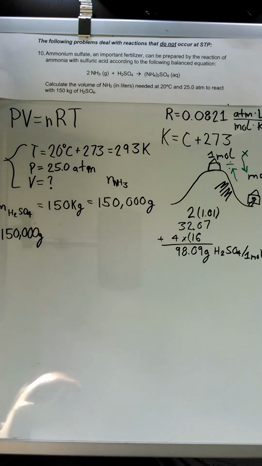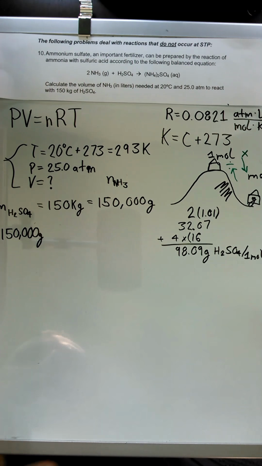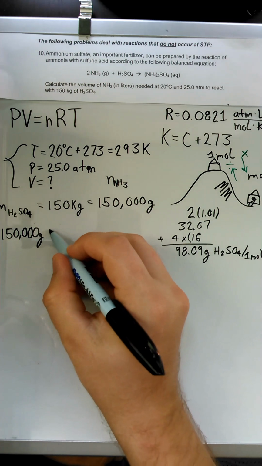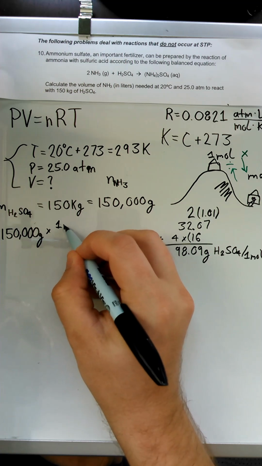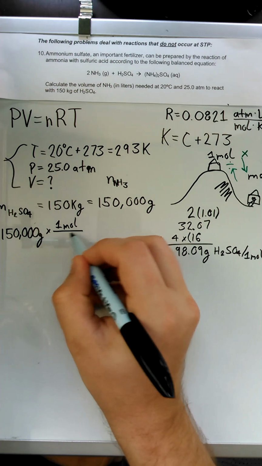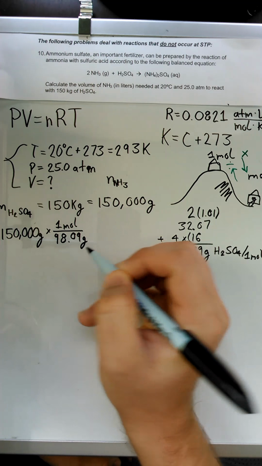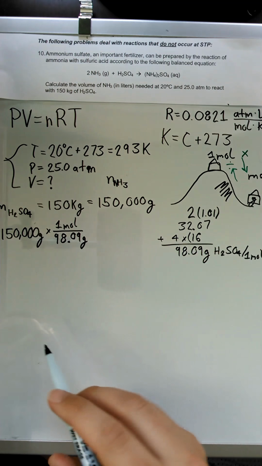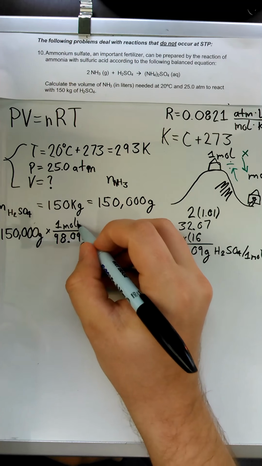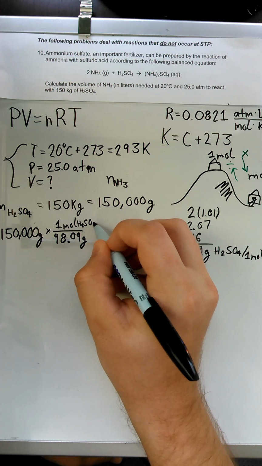So, if we use our molar mass now, we can simply multiply by 1 mole and divide by the 98.09 grams. This step will get us to moles of sulfuric acid, the H2SO4.